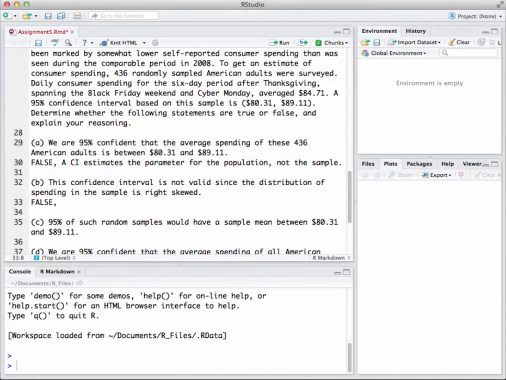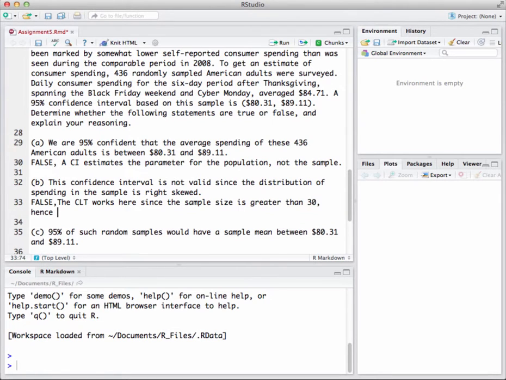And the reason being is the CLT works here since the sample size is greater than 30. Hence, the shape of the distribution sampled from doesn't change the result, which is why we take big samples, because this works.